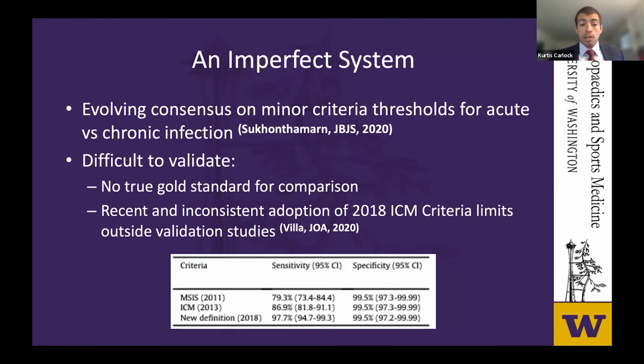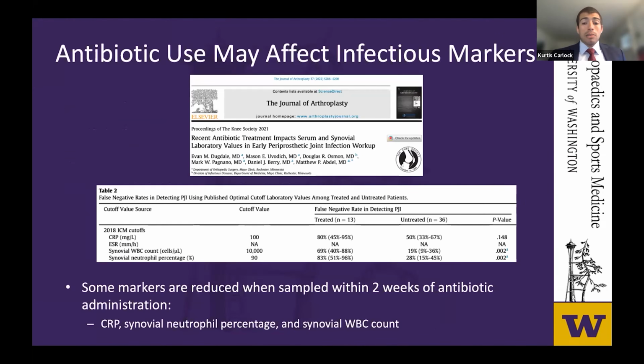If the 2013 criteria were the best tool that we had at the time, in the development of the 2018 criteria, in some ways we were comparing the 2018 criteria to the 2013 criteria when trying to determine sensitivity and specificity. Certainly a limited approach, certainly an imperfect system, and as things continue to develop and new tools are developed, it continues to refine the way that we are applying that system. And then sometimes there are some factors outside of our control in terms of how effective these diagnostic criteria are.